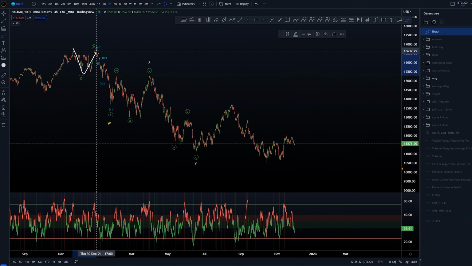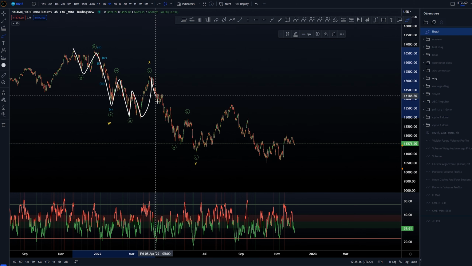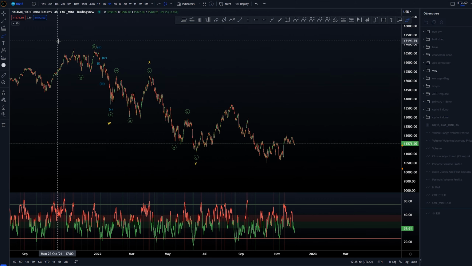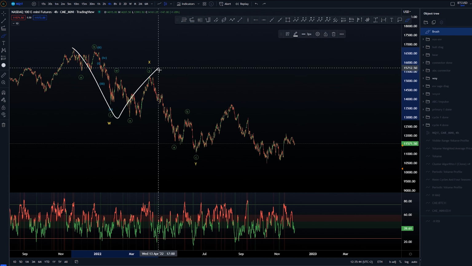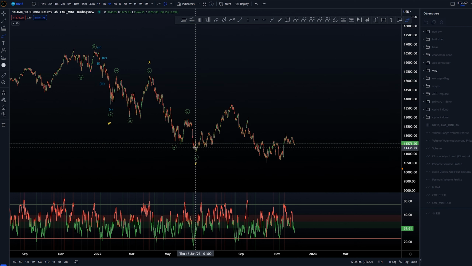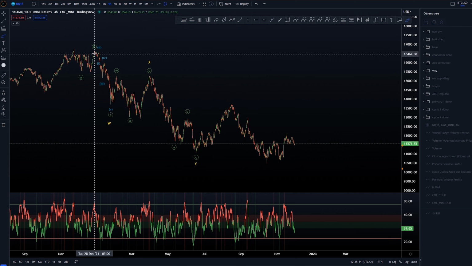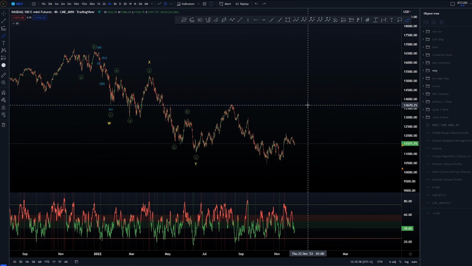There could be an argument for 1, 2, 3, 4, 5, a three-way pullback, and then 1, 2, 3, 4, and 5. There is definitely a possibility where this whole thing would be an ABC instead, or even that 1, 2, 3. However, the extension targets here did not really meet. We also have overlap between the first and fourth in that scenario where we would have 1, 2, 3, 4 and so on. So that is not the best case.